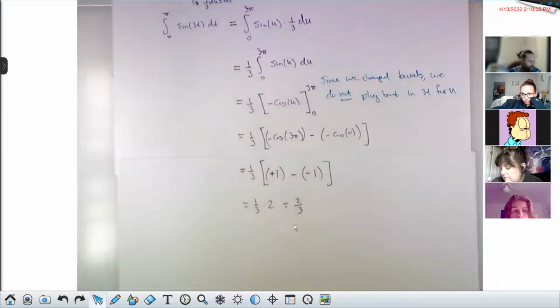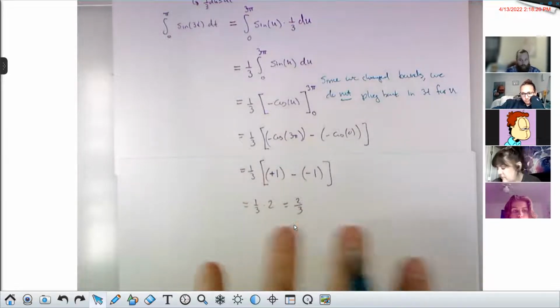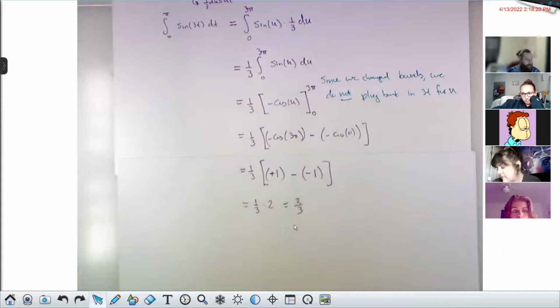And that's it. Those are the two differences between the way I encourage you to learn this stuff and the way some other people teach it. Some people say, don't change the bounds and then plug back into the original variable. Having shown you that you should change the bounds and that you don't need to plug back into the original variable, I want to convince you why.